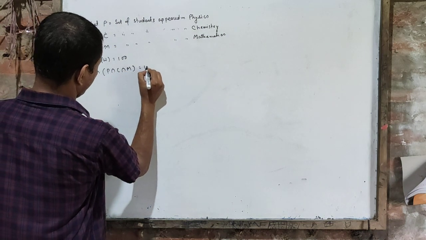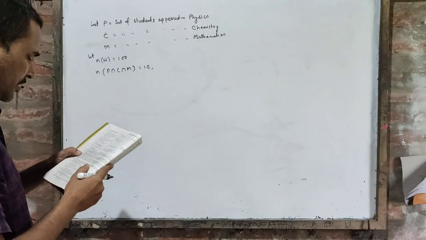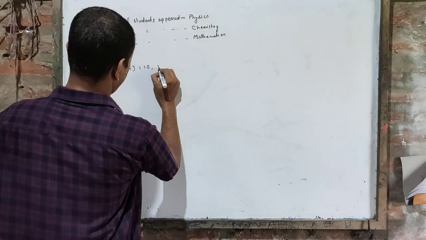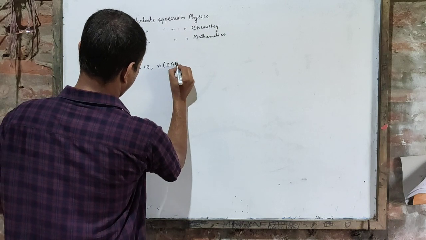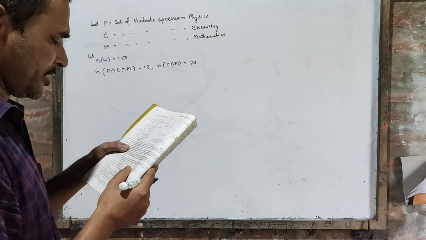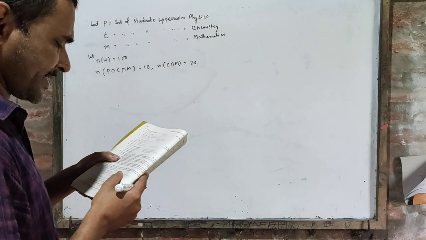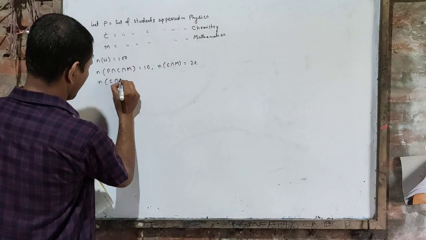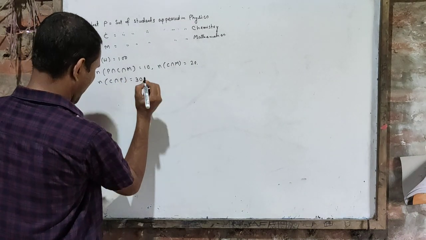So the intersection is equal to 10. Then 20% in chemistry and mathematics, so n of C intersection M is 20. 30% in chemistry and physics.